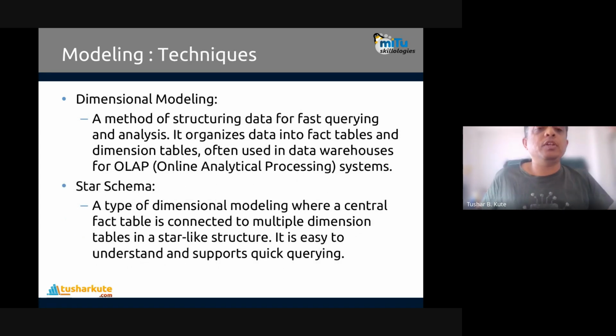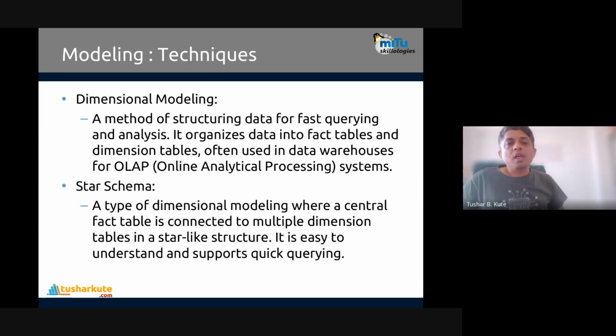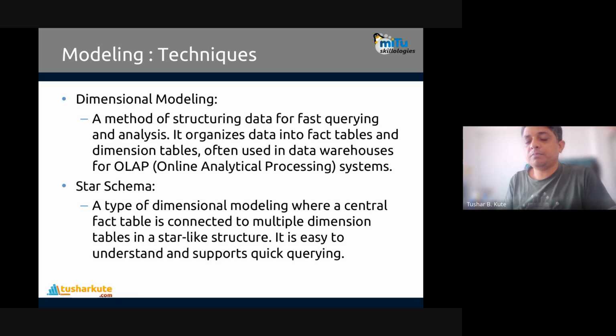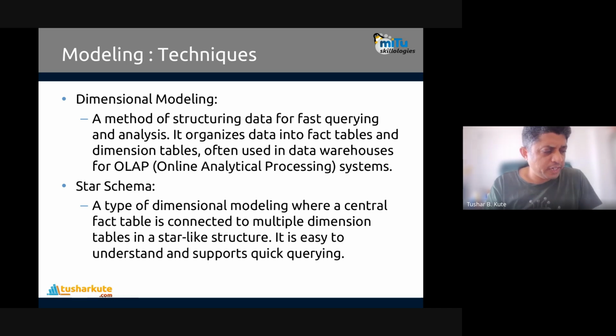Next, dimensional modeling. A method of structuring data for fast querying and analysis. It organizes data into fact tables and dimension tables. I hope that in database management systems you have learned about fact tables and dimension tables, which are used to store data in a well-organized way. Generally for online analytical processing, we use this dimensional modeling.